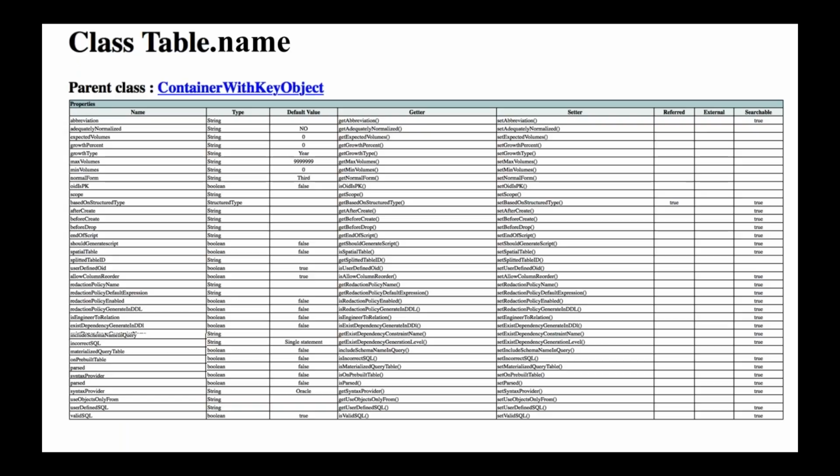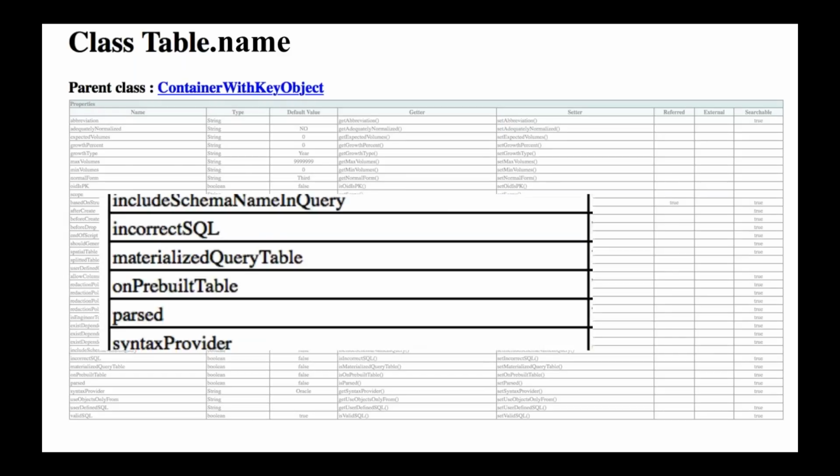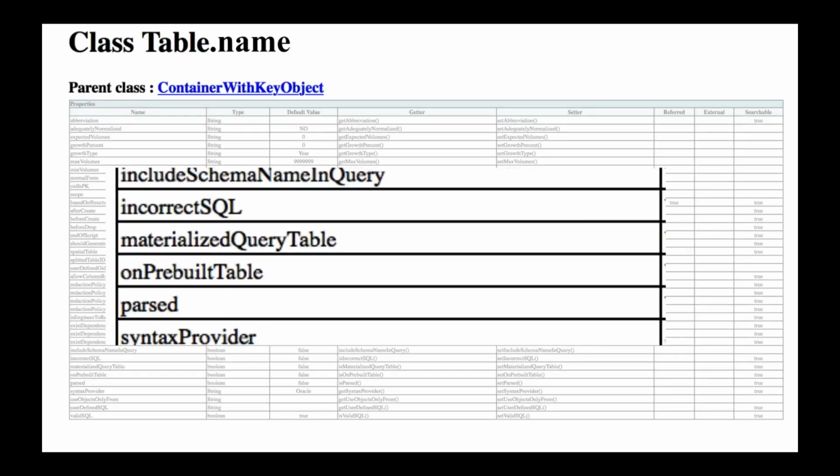Now, if you're unfamiliar with object-oriented principles, an object of any given class possesses all the properties defined for that particular class, along with all of the properties that it inherits from its parent class. For example, we know that a table is going to have a name property. But as you can see, looking in the properties of the table itself, there is no name property.